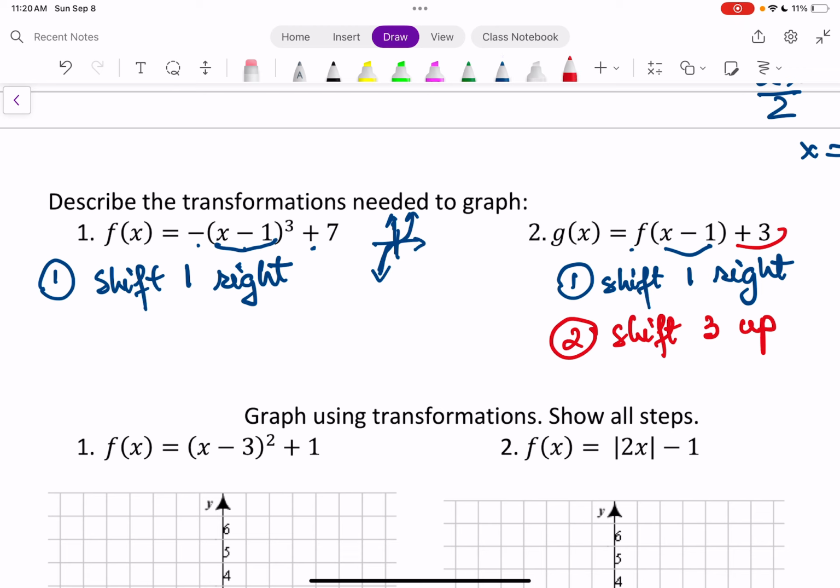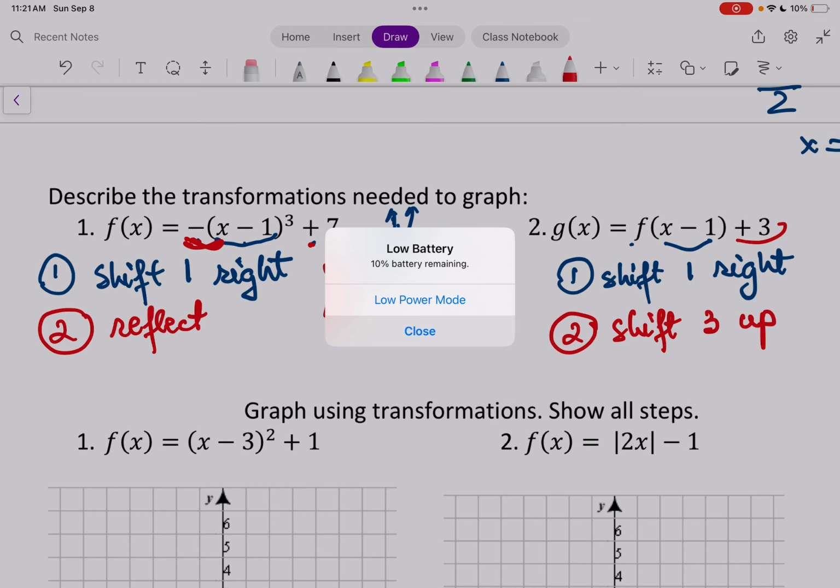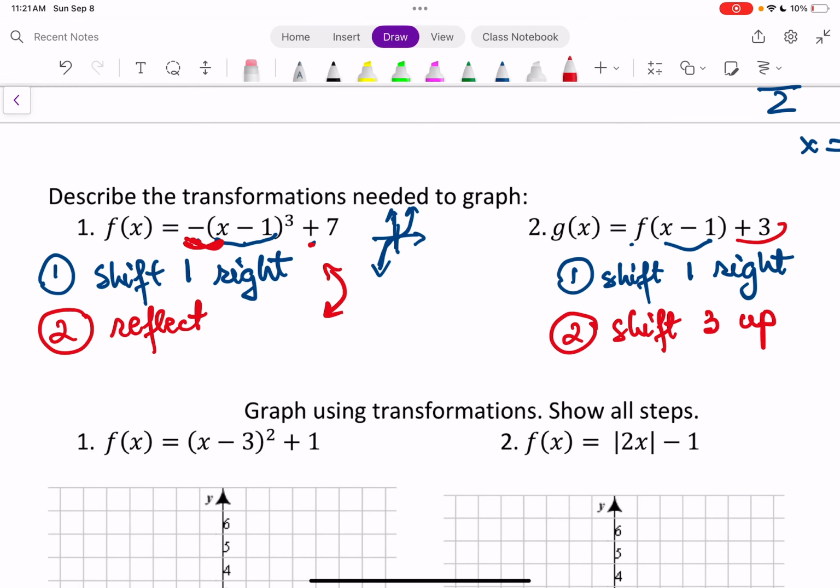The second thing, see how there's a multiplication by a negative 1 and an addition of 7? These are the 2 transformations to the function. Well, we're going to do the minus first. So second of all, because of the minus, reflect the graph. All your y values become negative y values. So reflect the graph about the x-axis.